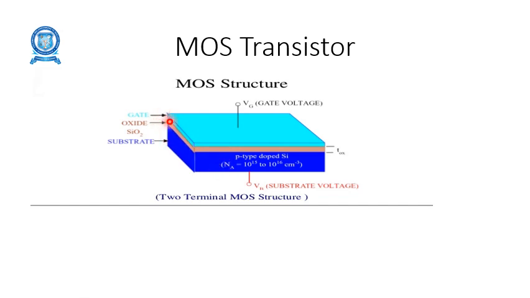First one is gate, and the next layer is formed by the oxide, which is silicon dioxide material. Next, substrate. Substrate means it will have the silicon layer. Here it is a P substrate. It depends upon the type, P or N type.